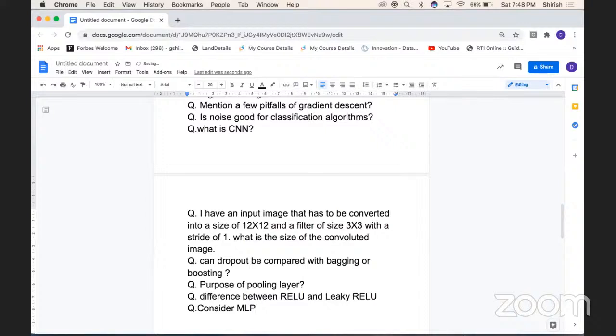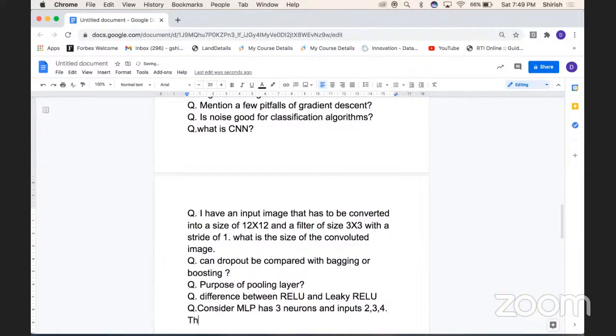This particular model has 3 neurons and you have inputs 2, 3, 4.